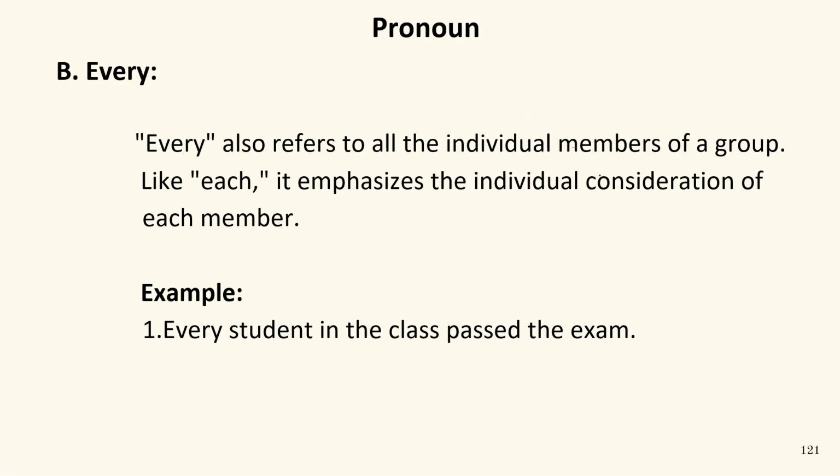Like each, it emphasizes the individual consideration of each member. For example, every student in the class passed the exam. It means we are talking about every member of that class. So every can be represented as the word all, but we are talking individually about every student.